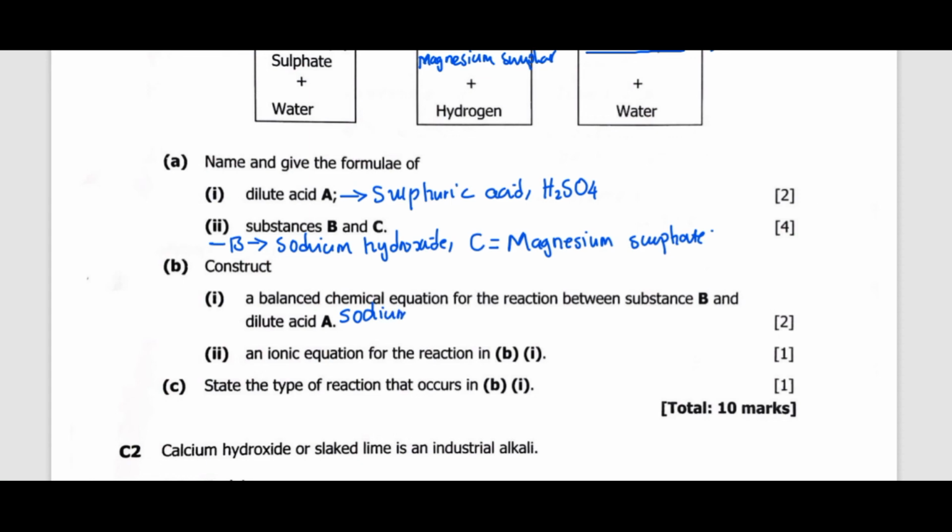Sodium hydroxide is a base, and whenever we react a base with an acid, which is sulfuric acid, we are going to get salt, which is the sodium sulfate, and the water.